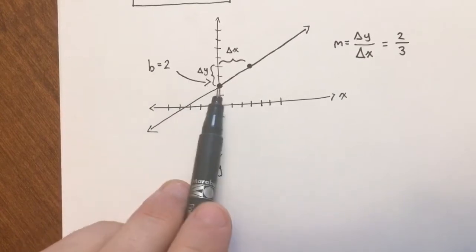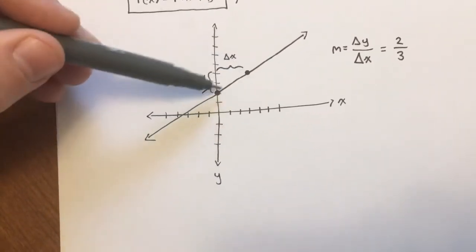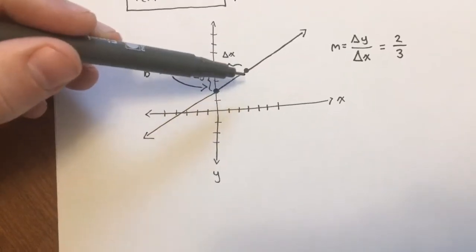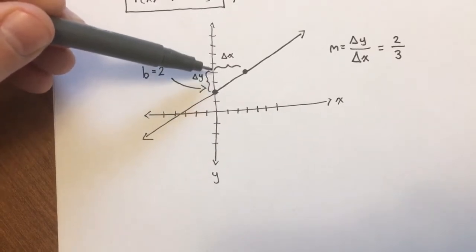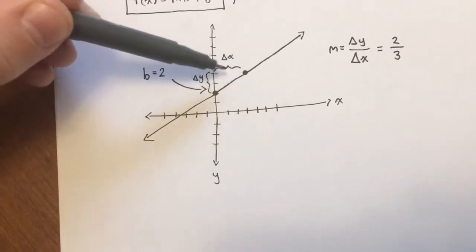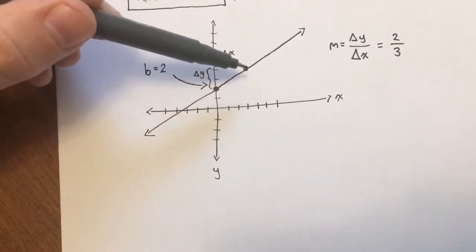Now, to find the slope, if you remember, it's delta y over delta x. So pick 2 points on your line, then measure your delta y, your change in y, and compare that to your change in x. So it's up 2 and right 3 units.